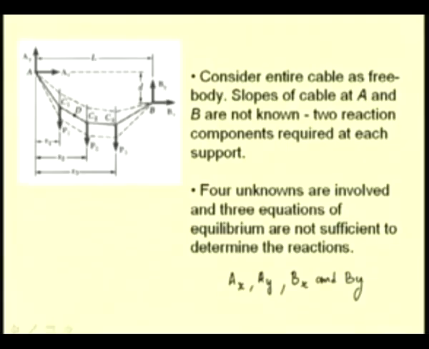From the force summation equation we get 2 scalar components, that is sigma Fx equal to 0 and sigma Fy equal to 0, and for the moments to be 0 we have one scalar component, that is the moment about the z axis, that is perpendicular to the plane of the problem. So, with these 3 equations we can only find 3 unknowns. Since this problem has 4 unknowns, we need one more equation to solve this.